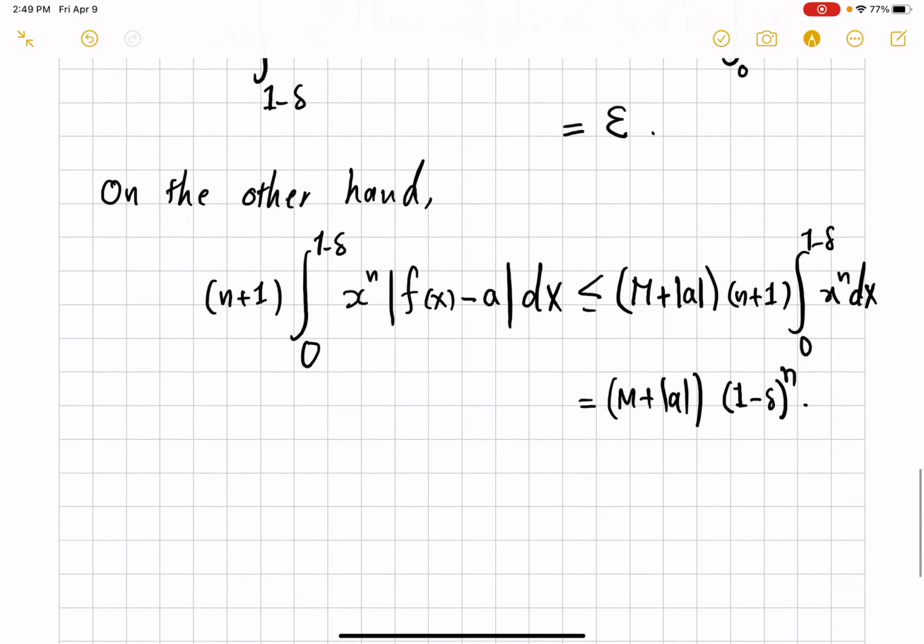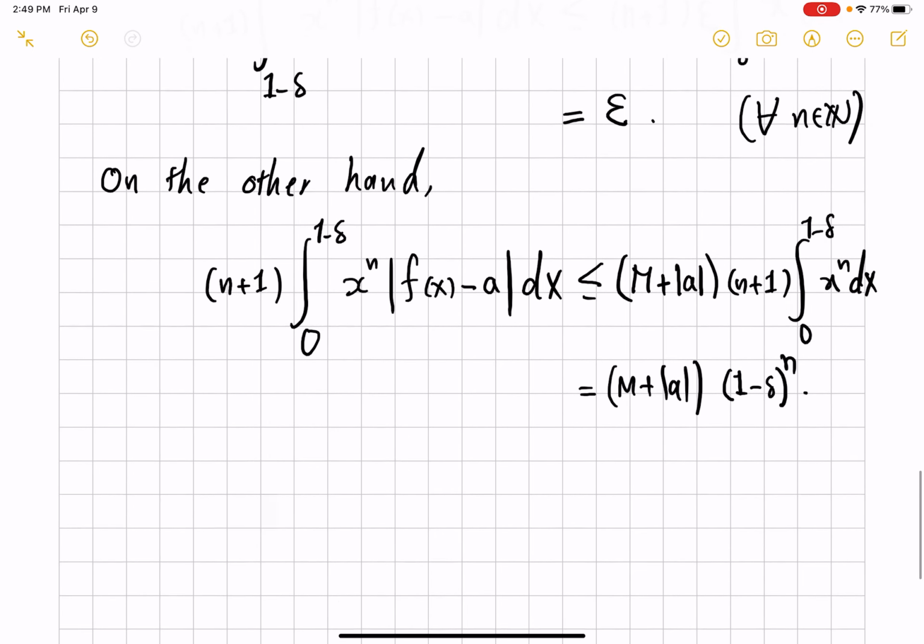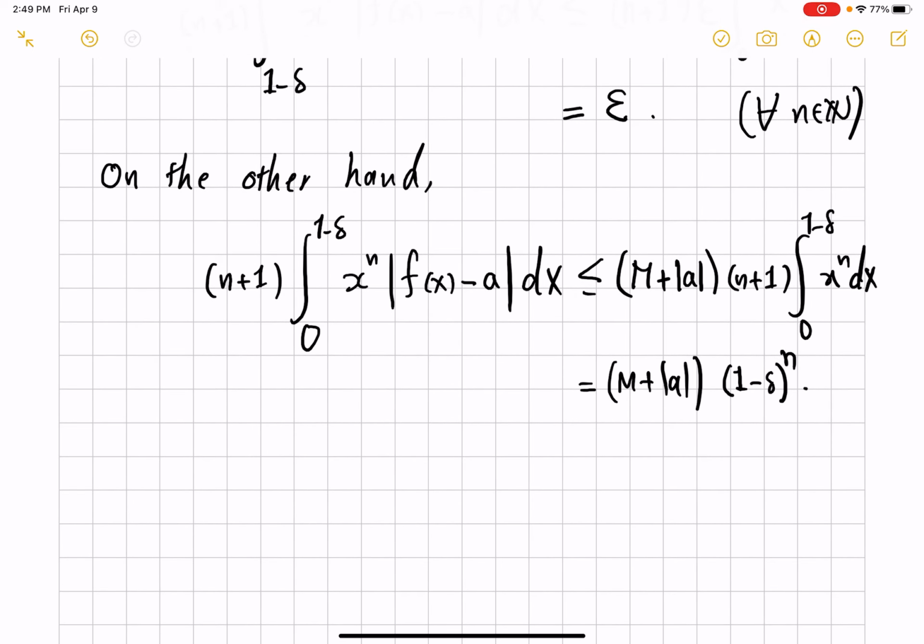So notice that in the previous estimate, I had no restriction on n. So this is true for every natural number. So I make this integral small even before I let n go to infinity. For the new one that I have, this is the first time I will need to take a limit.